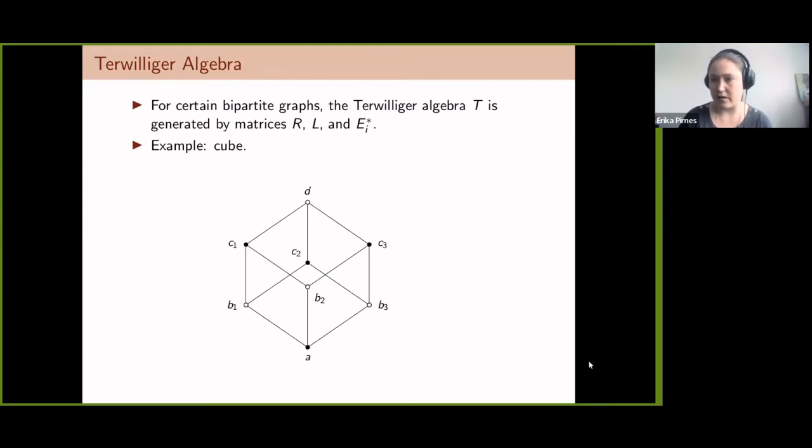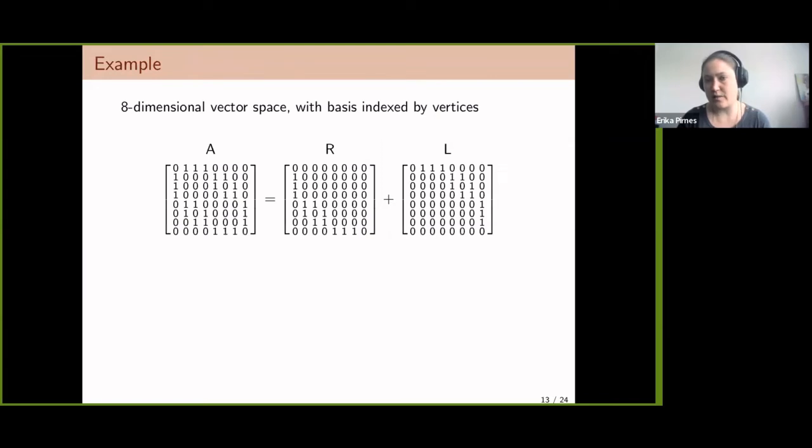So basically, the labeling tells me about the subconstituents of the graph. The 0th subconstituent is everything at distance 0, well, that's only A. Then distance 1, distance 2, distance 3, and so on. So basically what we're doing, we take an 8-dimensional vector space with basis indexed by the vertices.